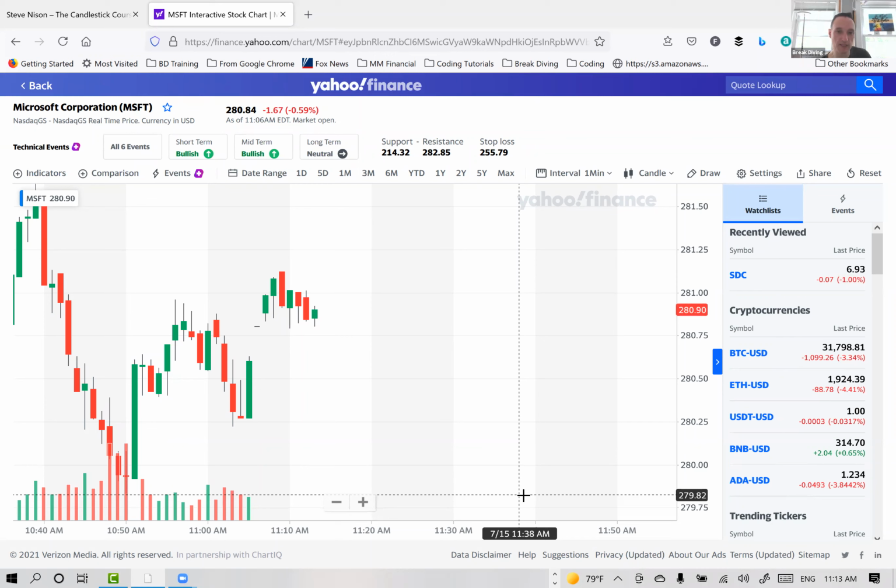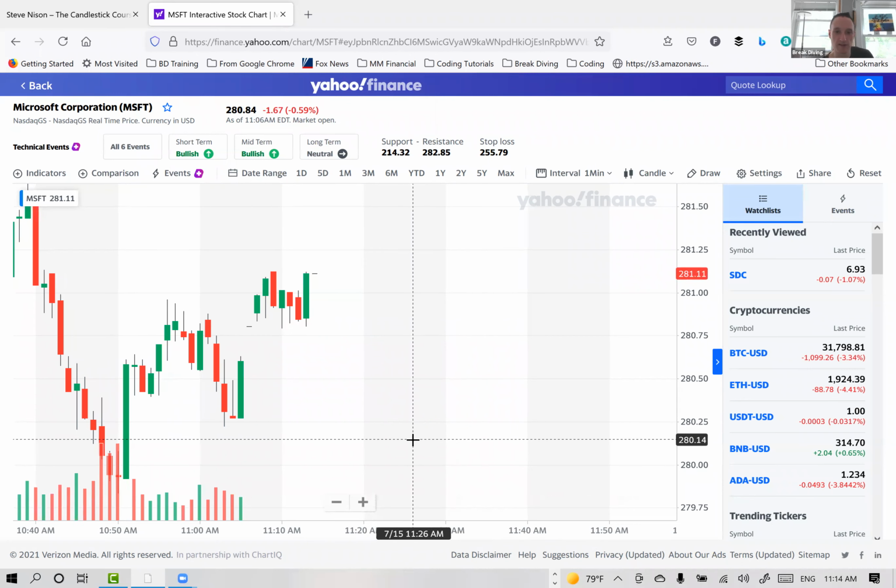Now we've got a spinning top in the making. Nope. Now we've got a bullish belt hold. Okay, I think we're gonna buy. I would buy as soon as this one, if this stays like the way it is. Okay, so I'll buy 100 right now at 280.84.